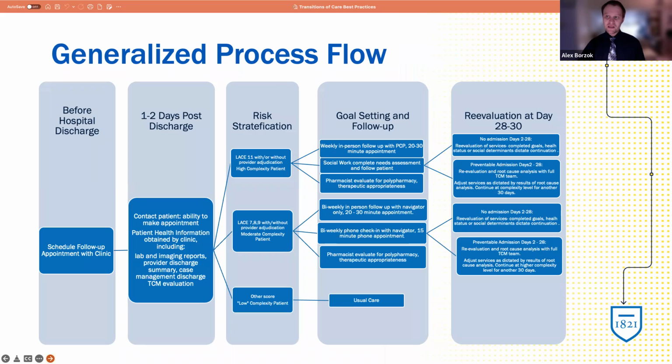This is from our last presentation as well, just to give you an idea of the process flow of a patient that would be initiated into a transitions of care program, kind of the general format of how that happens even before the patient is discharged from the hospital, all the way through to day 28 through 30 after they've been discharged from the hospital, that reevaluation as to whether or not they need continued services or different services, or if they can go back to the normal patient panel.